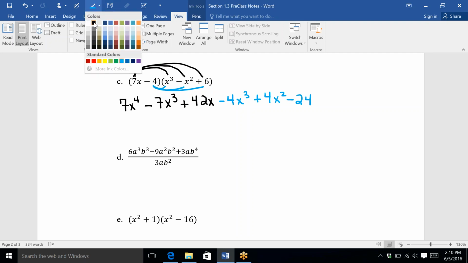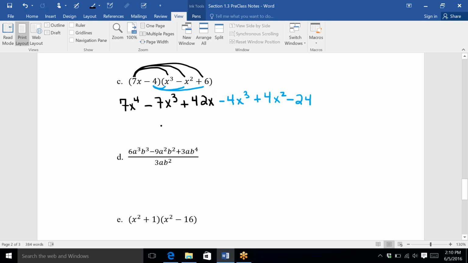Look for like terms. We don't have anything to go with 7x to the fourth, so that would just come down. We do have some x cubes, so that's negative 7 plus negative 4, so that would be negative 11x cubed. We have an x and an x squared, so those don't combine, so actually we can mark that out.